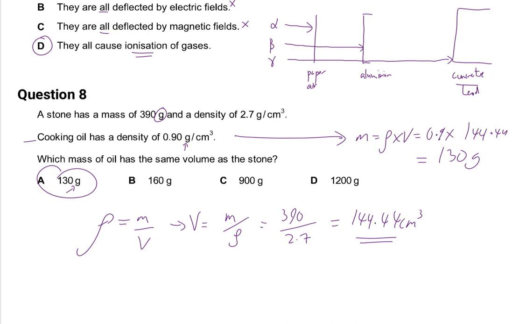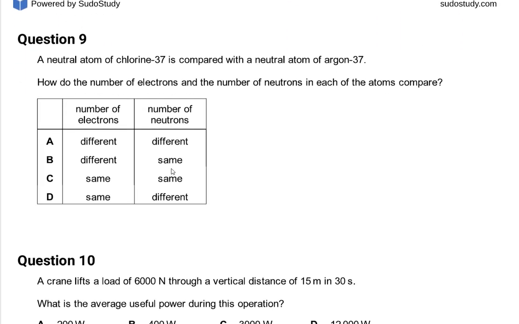Good. And then let's go on to the next one. Question 9. Now, compare a neutral chlorine and a neutral argon. First of all, you know that these guys are not isotopes.